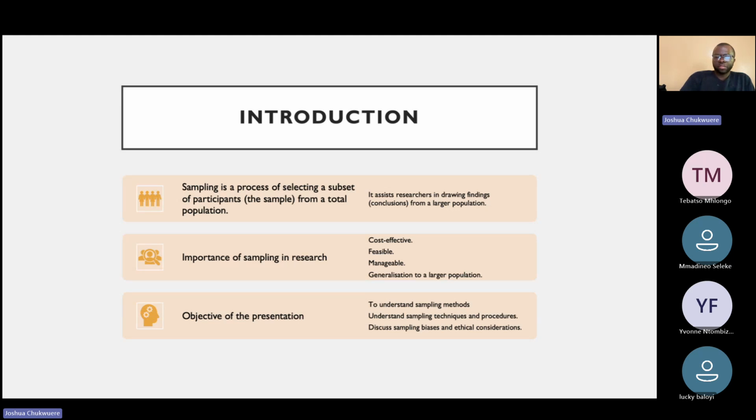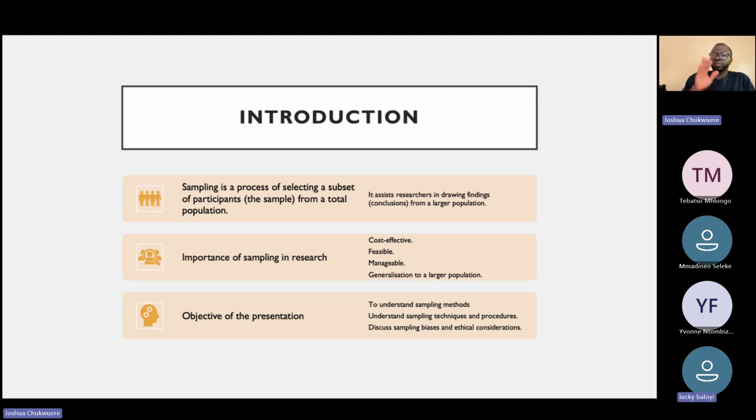Okay? And that is your sampling. It also brings about flexibility, the ability to manage those numbers, and to make generalization out of those few numbers that you have selected.